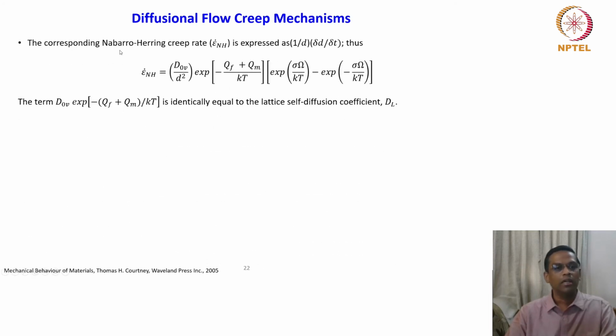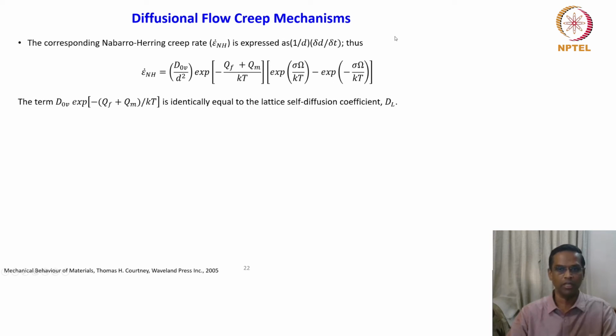The corresponding Nabarro-Herring creep rate, ε̇_NH, is expressed as 1/d times ΔV/Δt. Thus it can be written as ε̇_NH equals D_0V/d² times exp(-(Q_F+Q_m)/kT) times [exp(σΩ/kT) minus exp(-σΩ/kT)].